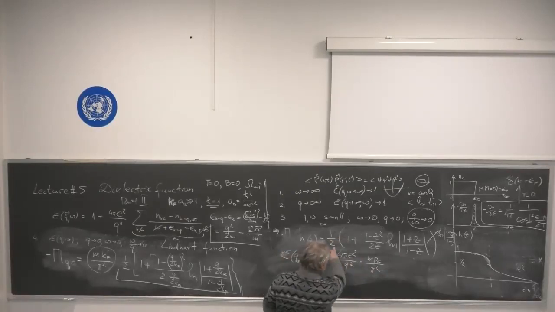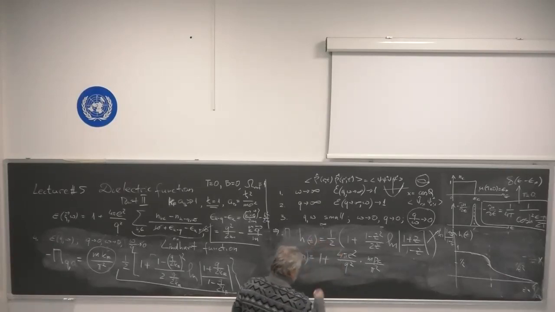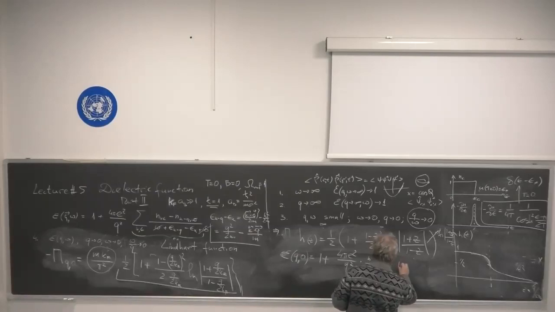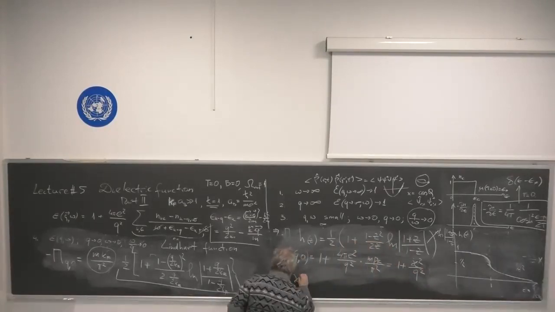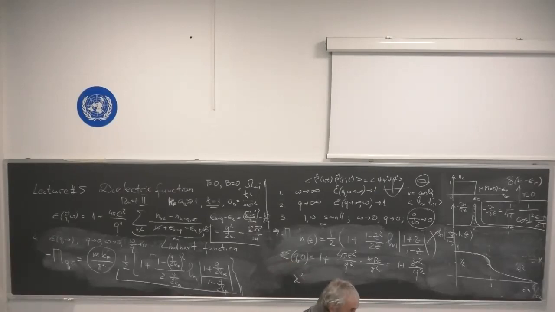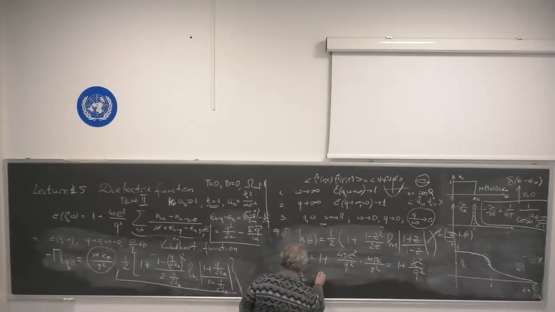And that's it, because for small q, the function approaches 1. So the dielectric function is 1 plus kappa squared over q squared, where kappa squared, again, I can rewrite the Fermi momentum in terms of the density, and kappa squared is equal to 6 pi e squared density of electrons divided by Fermi energy.